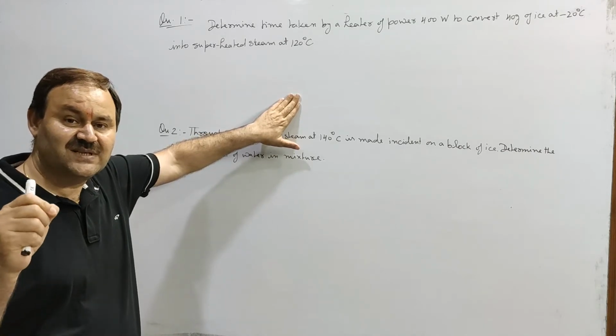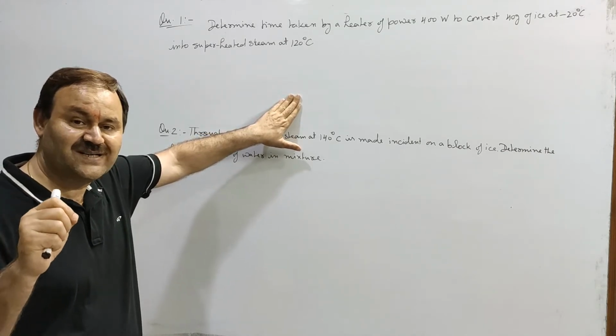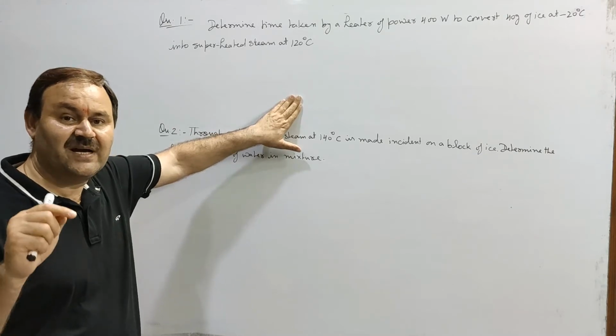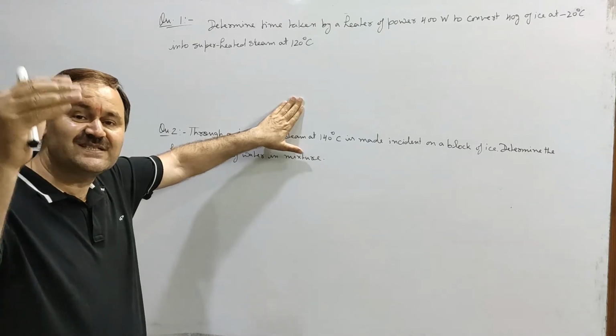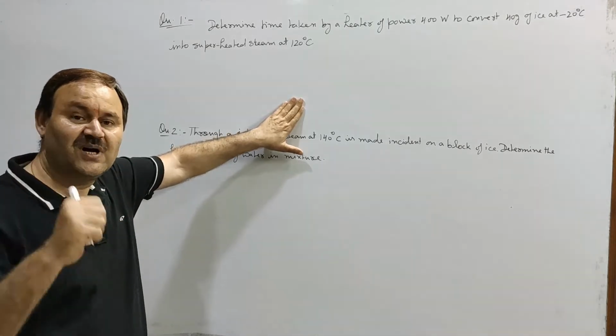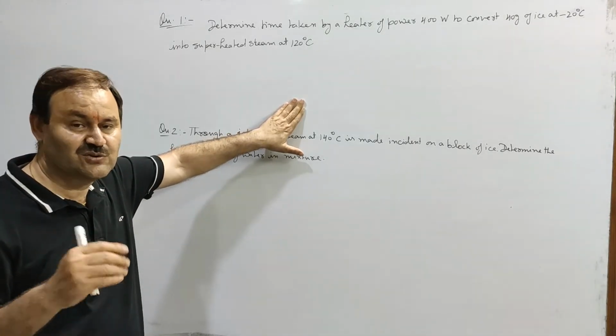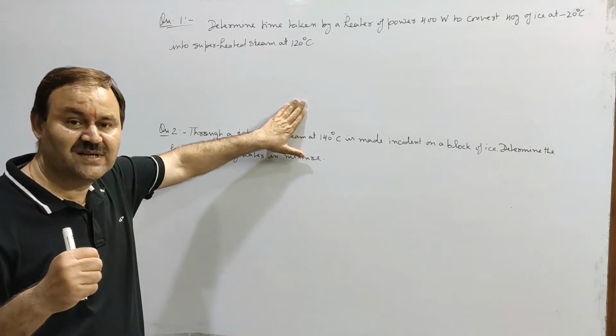After changing its state, it will form water at 0 degree Celsius, and then that water will increase its temperature from 0 to 100 degree Celsius. So we will again use MC delta T.